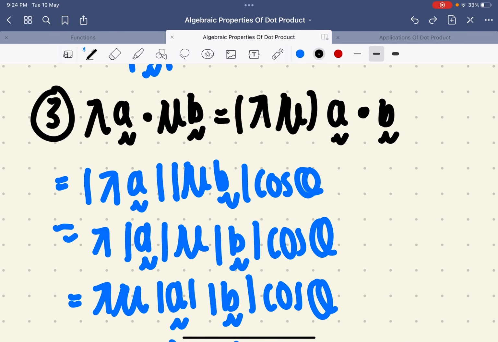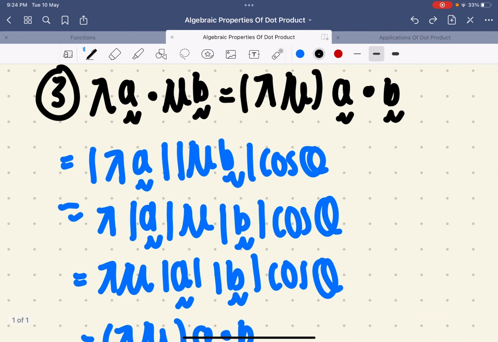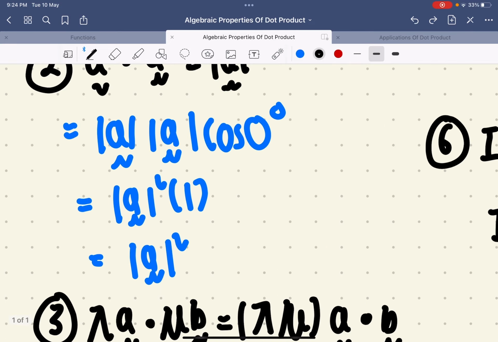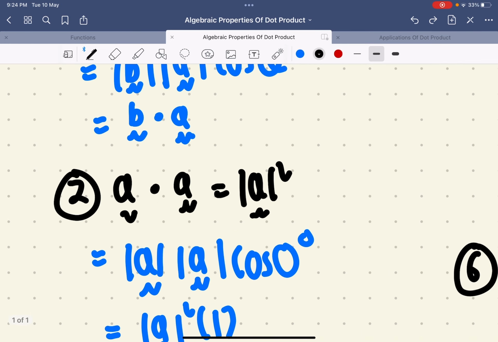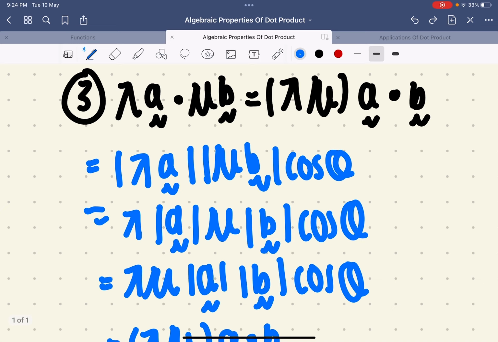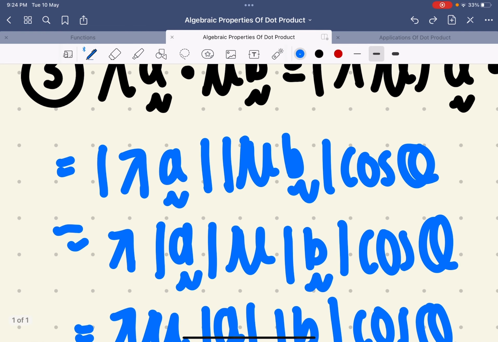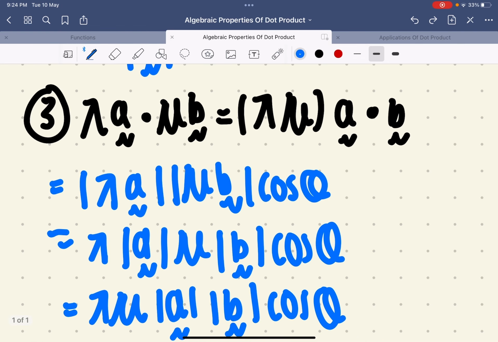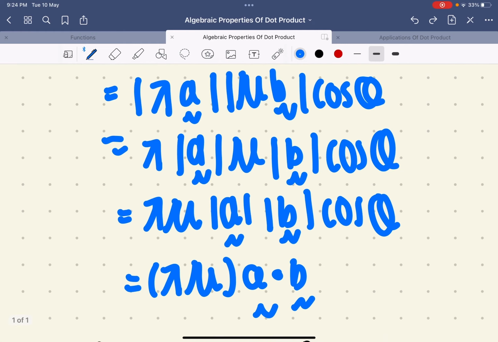The third property: lambda A dot mu B equals lambda mu times A dot B. Why is this the case? Same, apply the same formula. This formula is very powerful. It allows us to derive a lot of properties. So you get mod of lambda A, mod of mu B, cosine theta.